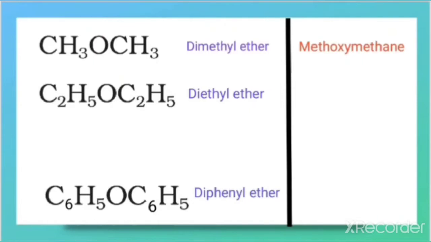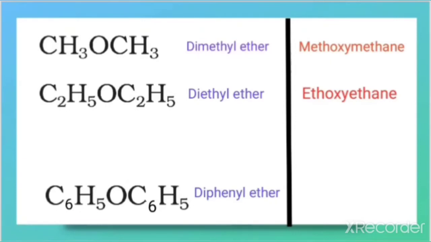Look at the next structure. In this structure, this is taken as a substituent, that is ethoxy. Why ethoxy? Because it is an ethyl group with oxygen, ethoxy, and this is taken as the main chain, that is ethane, 2 carbon ethane. So what do we name this one? This is ethoxyethane.